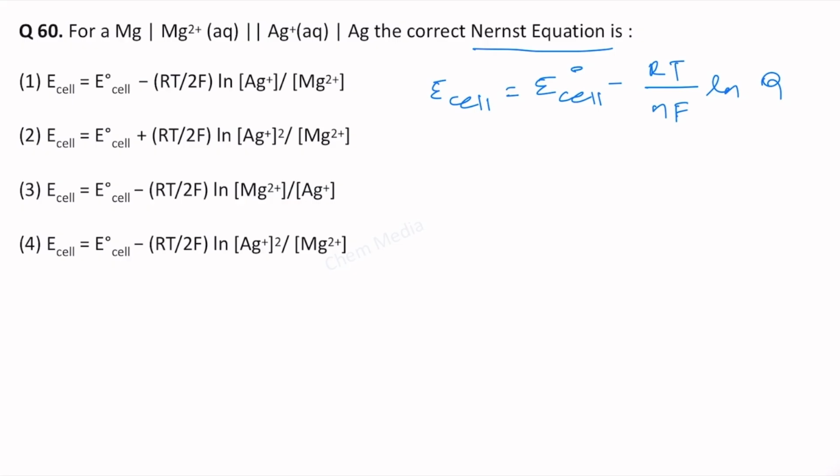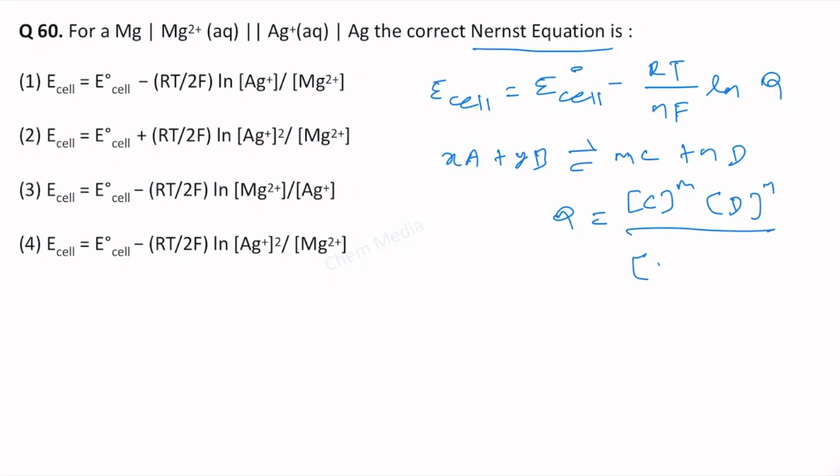So, let us say if you have a reaction this way, x times A plus y times B giving, let us say, m times C plus n times D, then you can write the reaction quotient this way: concentration of C to the power of m times concentration of D to the power of n divided by concentration of A to the power x times concentration of B to the power y.